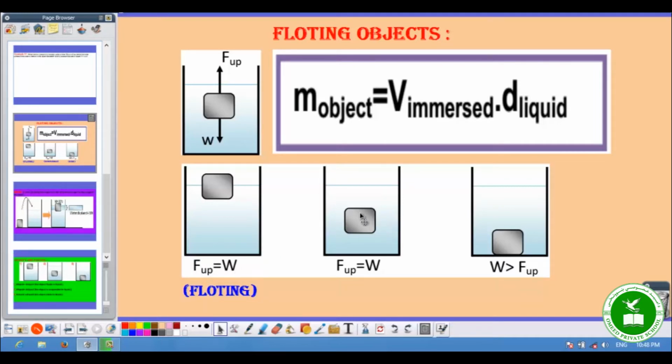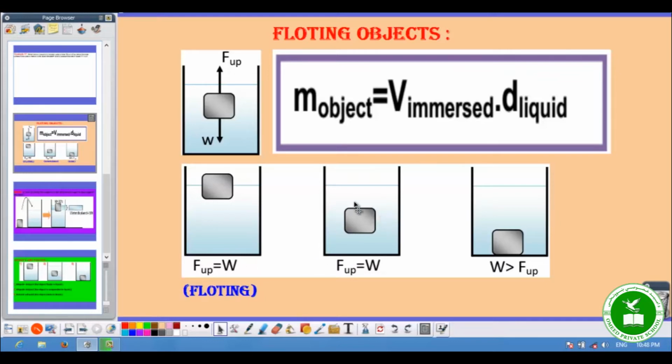Second, the object may be in a suspended situation. How? Again, upthrust force is equal to weight, but here the weight is a little bit more than in the previous case. How do we know it is more? Because the object has come a little bit below the surface. Then this upthrust and this weight are more than the upthrust and weight in the floating case.